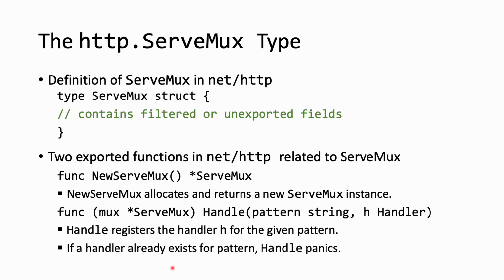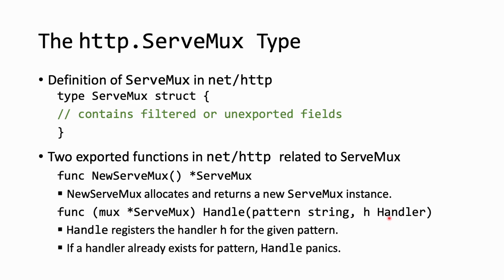The second function is the method Handle defined on ServeMux with a pointer receiver and two arguments. The first argument is a string representing a pattern of incoming URLs.